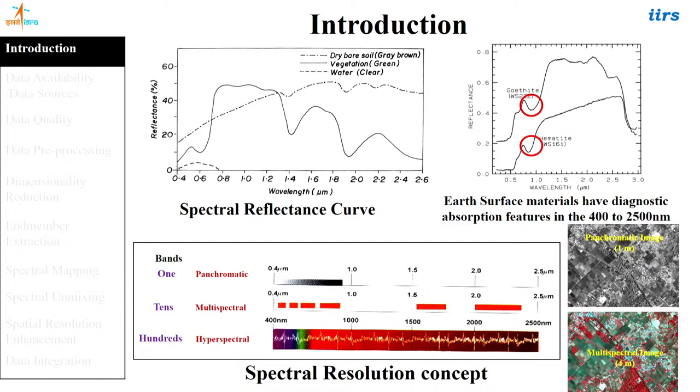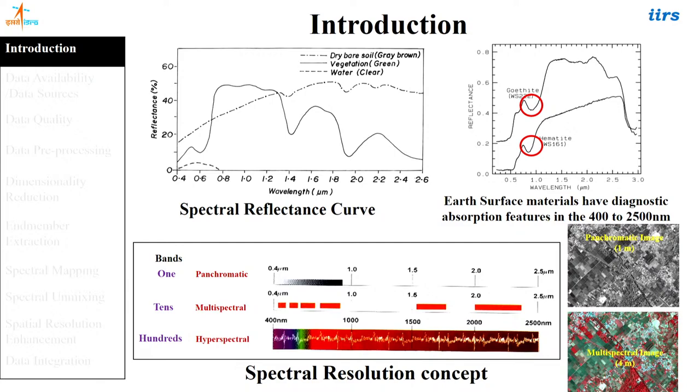So suppose you are using FCC, all the vegetation features will appear in red color. And if you are visually seeing vegetation leaves, all vegetation features appear in green color if healthy. So how to differentiate which vegetation feature is what kind of species?